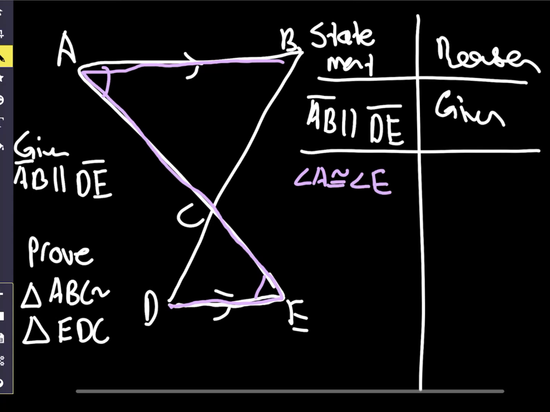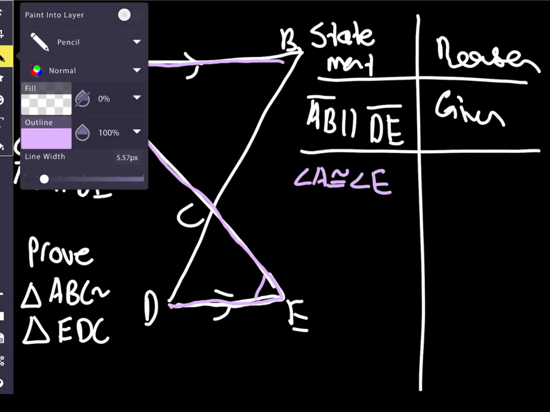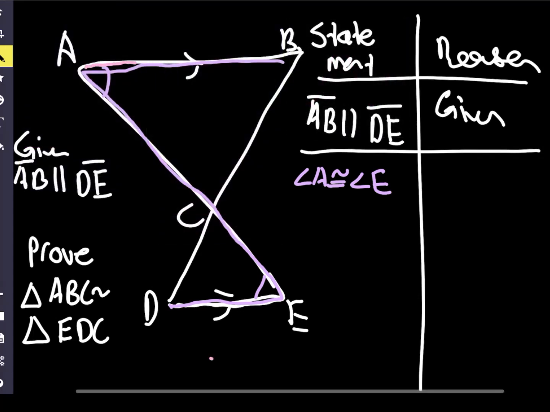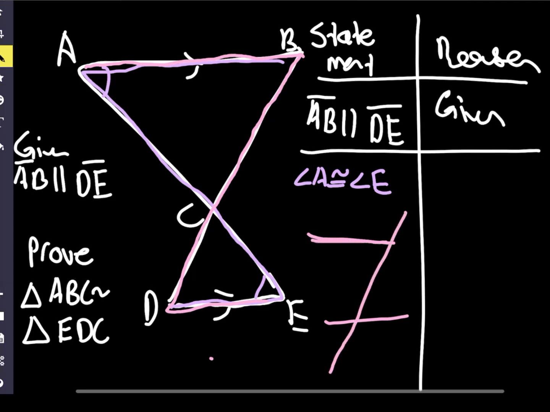And what else? Well, guess what? There's another side. We can make another transversal right here, right? So right here, A to B, and then this is another transversal, okay? BD is now our transversal this time. So imagine like this, okay? This is kind of like the Z shape we made with our diagram.